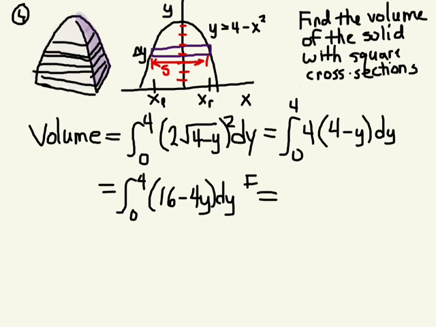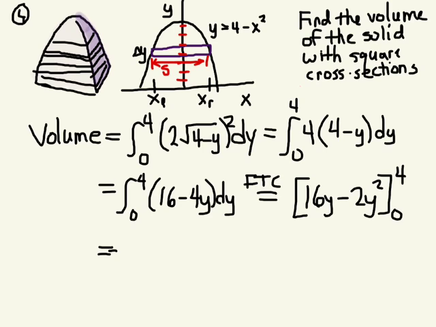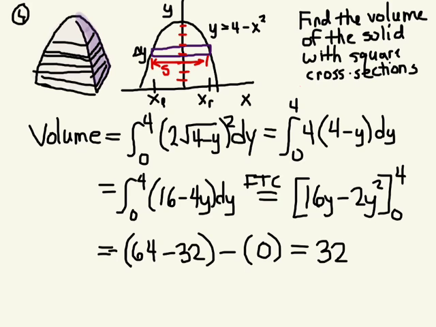The fundamental theorem of calculus comes to the rescue, makes our life easier because we know an antiderivative, and all we need to do now is evaluate it at 4 and at 0 and subtract. When you evaluate it at 4, you get 64 minus 32. When I evaluate it at 0, I get 0. So the volume is 32. And that's our answer.